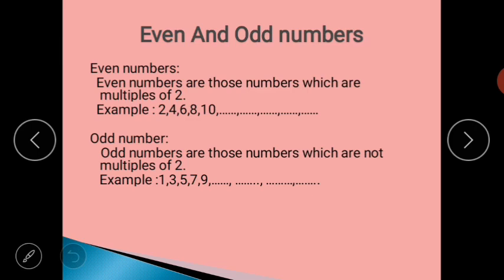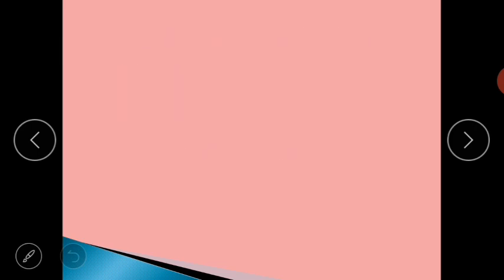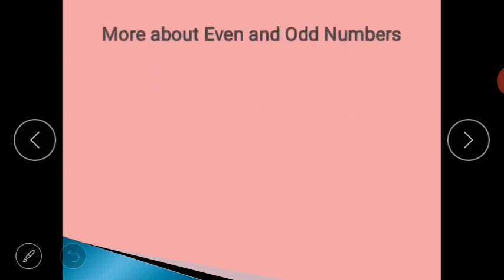Now, how can we identify odd numbers? So, we should know more about even and odd numbers to identify them.